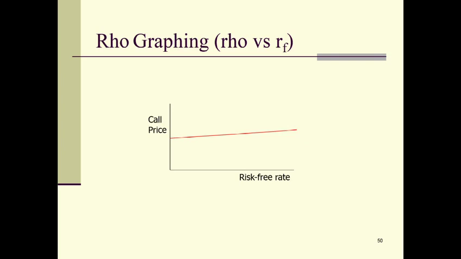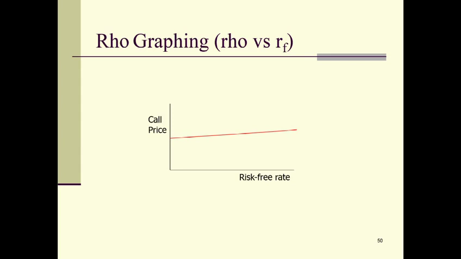So is rho for a call positive or negative? It's positive, right? Now, if this were a put, let's say this is a put over here, do you still expect it to go up like this, or do you expect it to go down instead? What do you think? It won't spike, right?